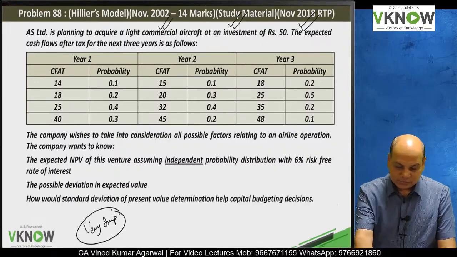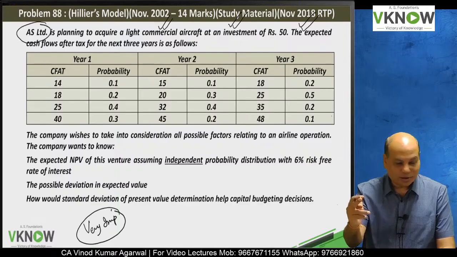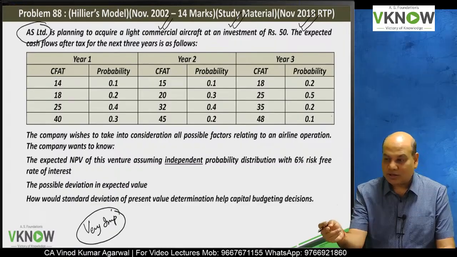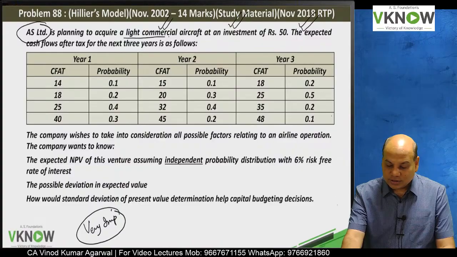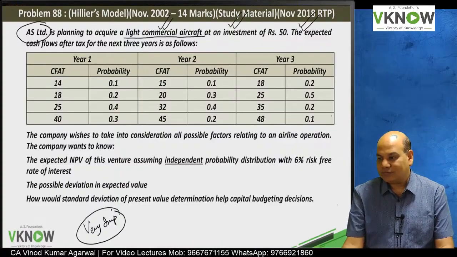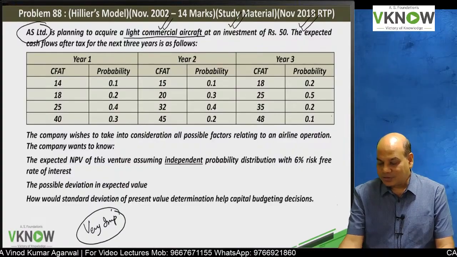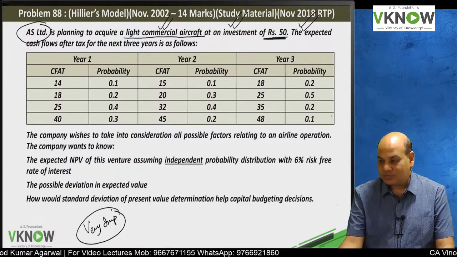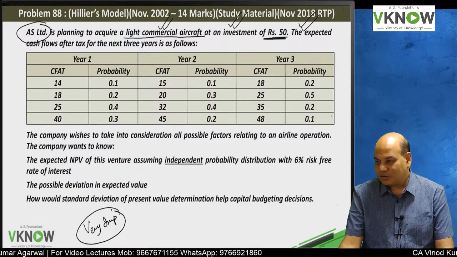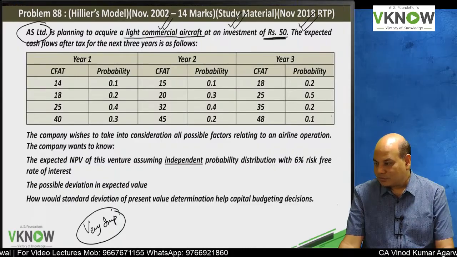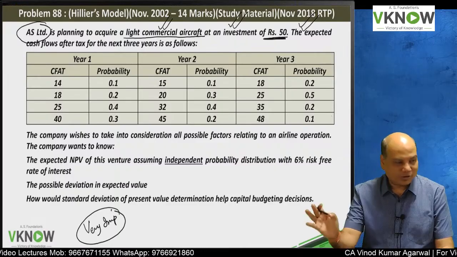AS Limited is planning to acquire a light commercial aircraft at an investment of rupees 50 only. In 50 you will not get a paper aircraft also. Maybe it is 50 crore or 50 lakh or 50 million, I don't know.